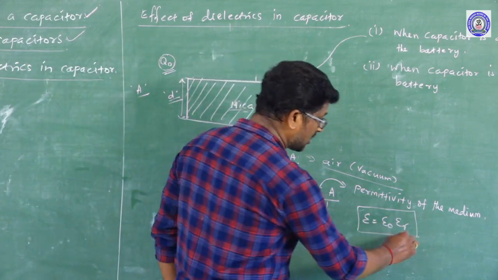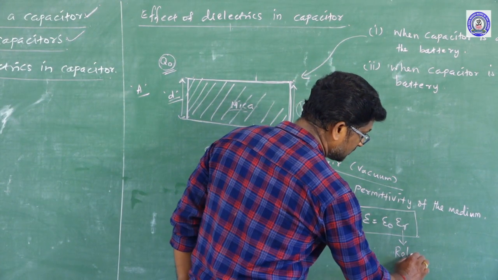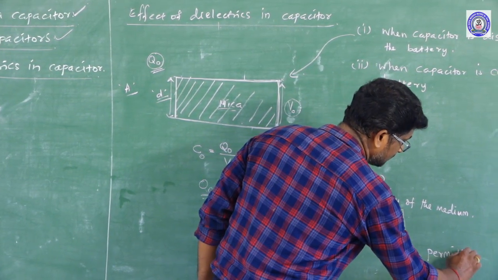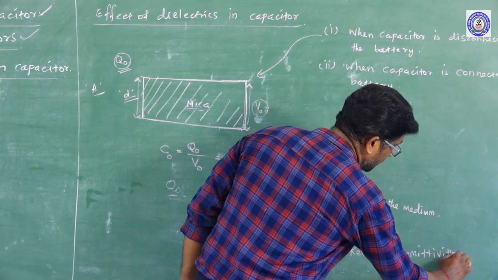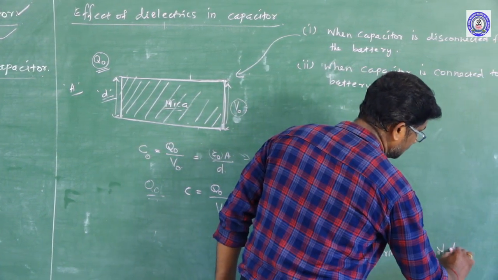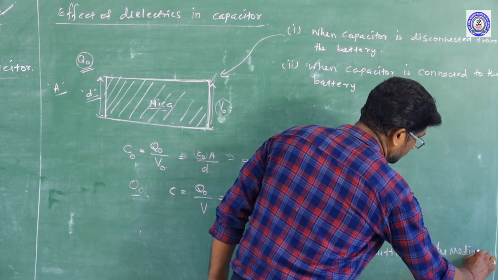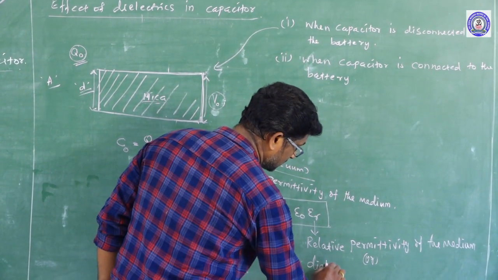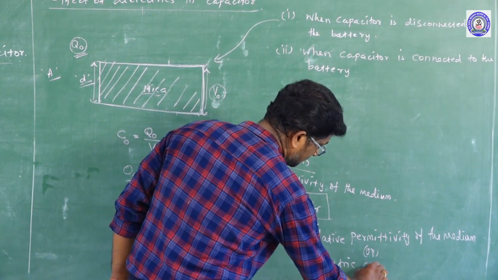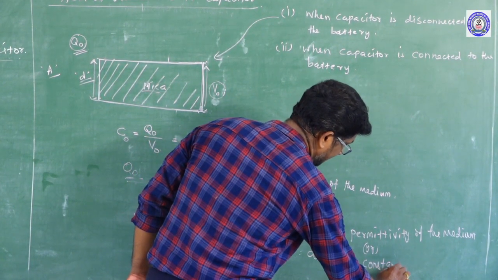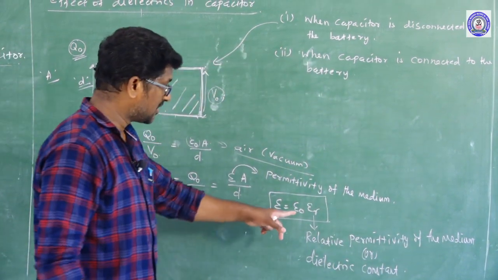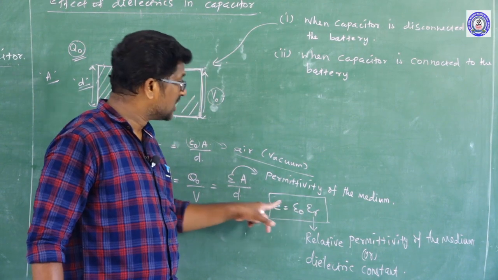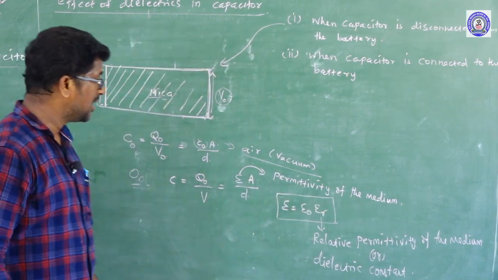So, here epsilon r is the relative permittivity of the medium, or dielectric constant. So, the product of the permittivity of free space and the relative permittivity of the medium gives the permittivity of the medium, right.